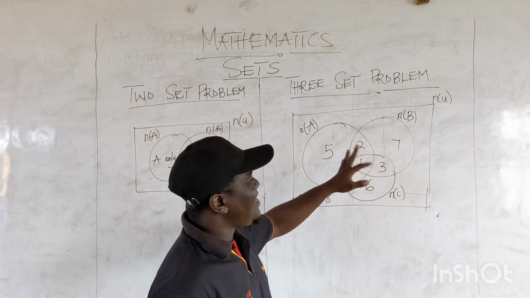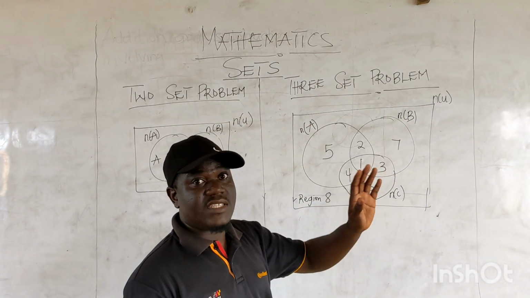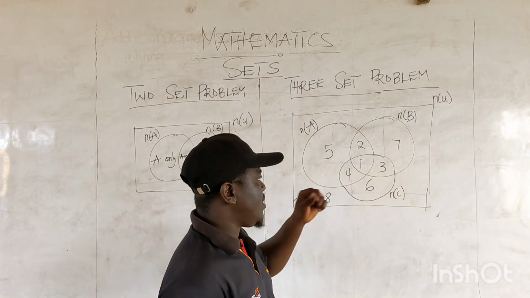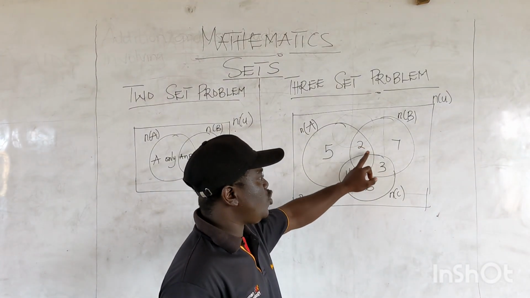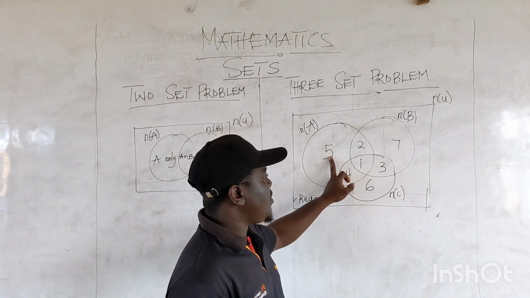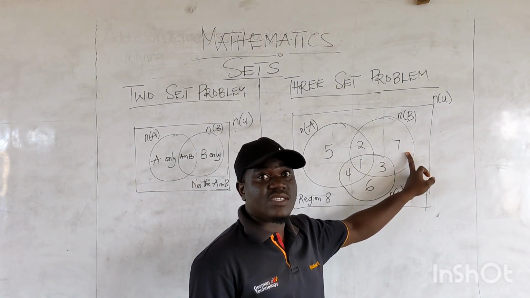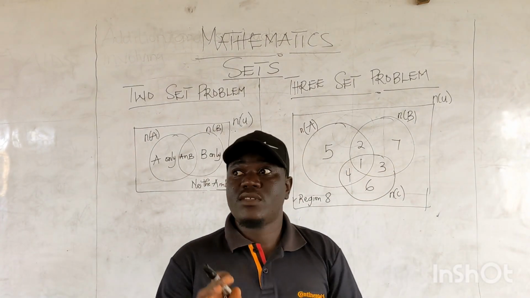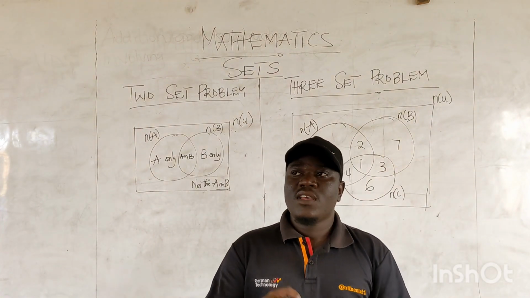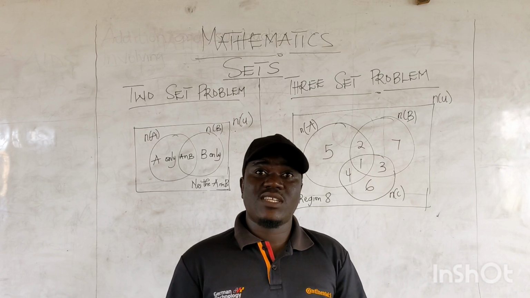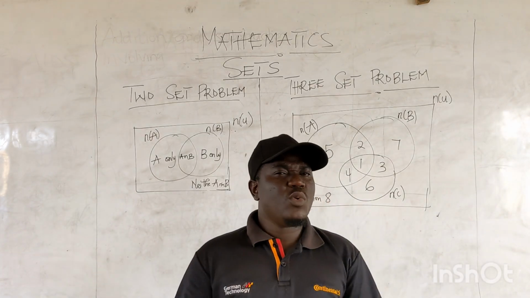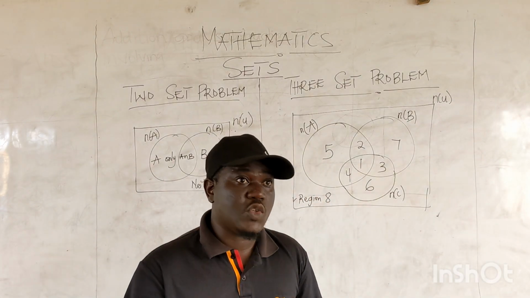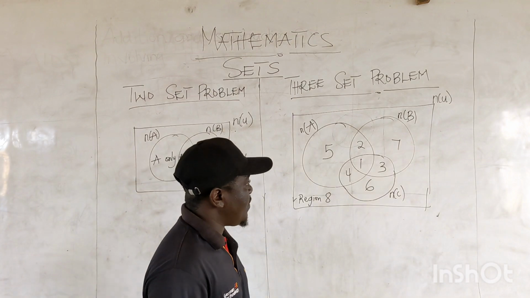Now, I have named the various sections of this set into regions: region 1, region 2, region 3, region 4, region 5, region 6, and then region 7. I'm going to take my time and explain these regions, and thereafter I will take a question on the three-set problem and look at how we can solve that particular question.